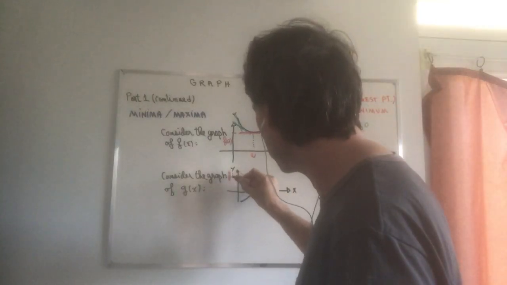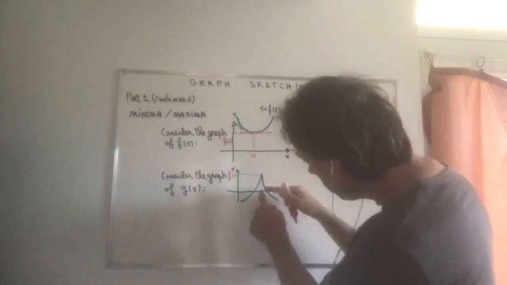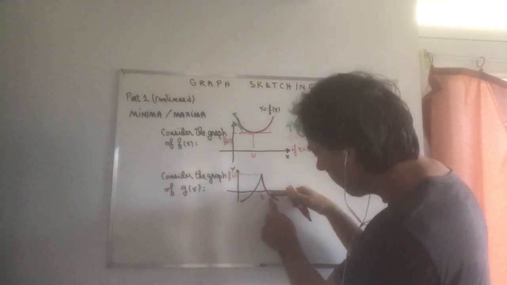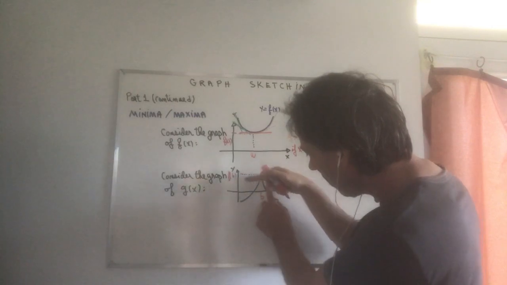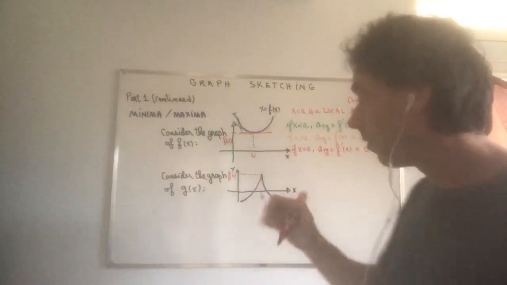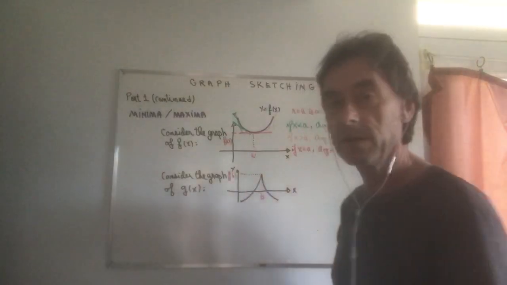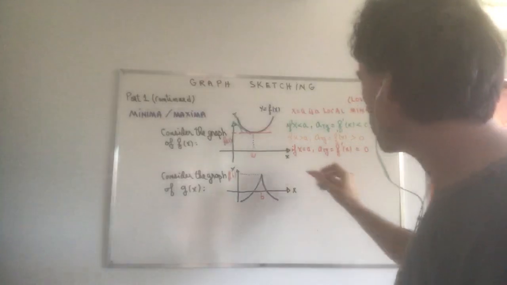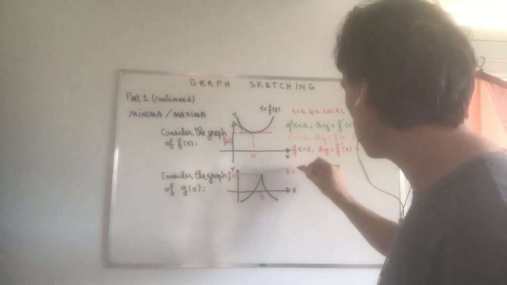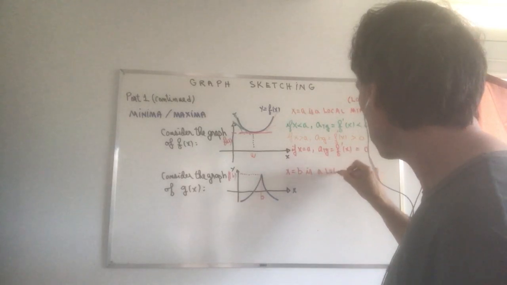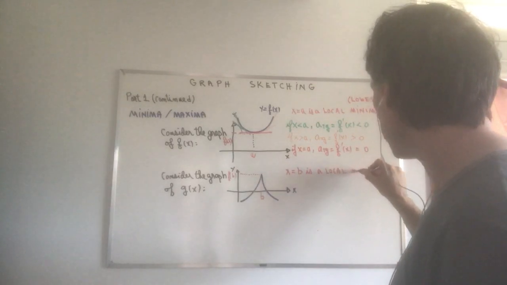Why is that? Again, because if I move a bit to the left, all the y values are less than f of b. And if I move a bit to the right, all the y values are less than f of b. So b is the highest point in a small neighborhood around, well, itself, right? So we can say that x is equal to b is a local maximum.